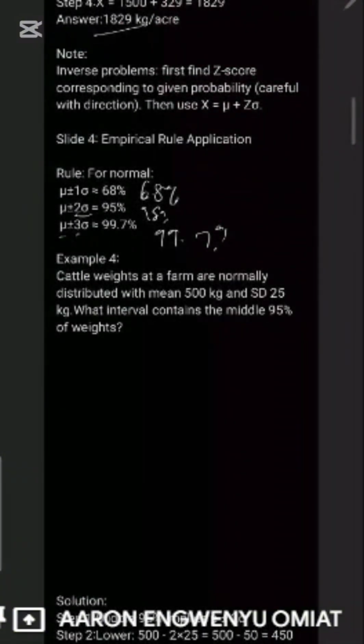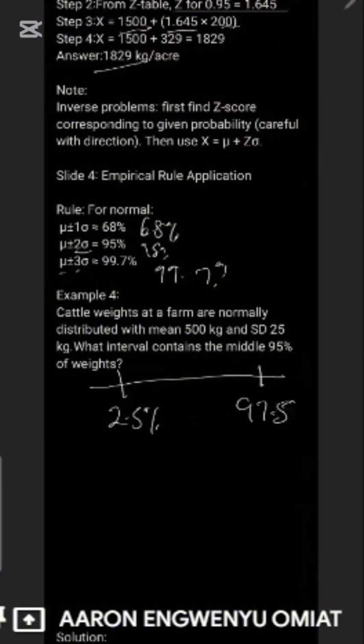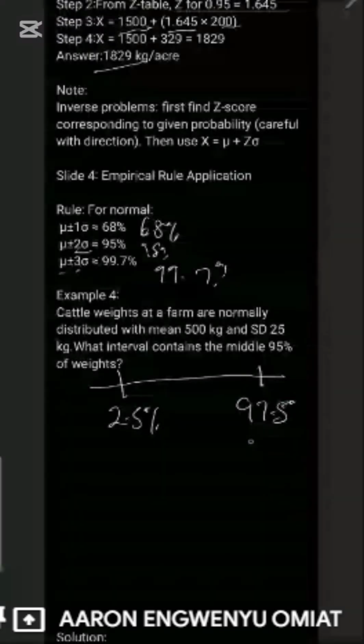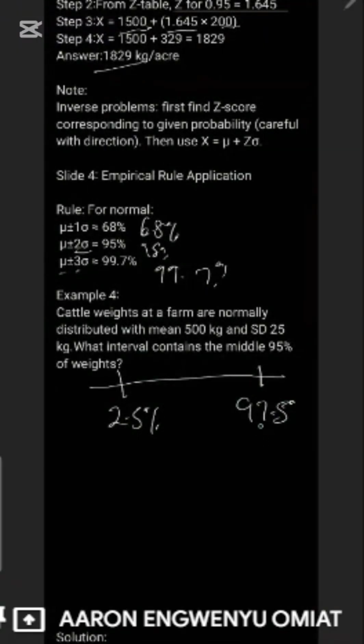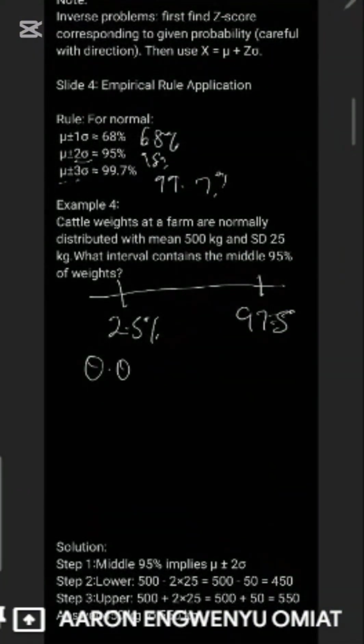So normally, without the knowledge of the empirical formula, how would we go about finding this? We would start by getting the middle 95%, which corresponds to 2.5% and 97.5%. Then you find the Z's, because these are probabilities. Converted to probability, this would give you 0.025 and 0.975.